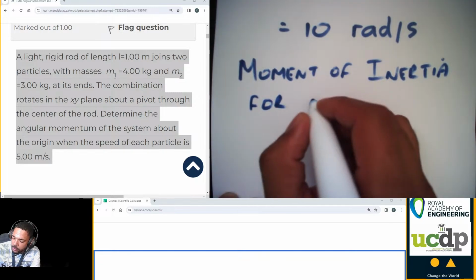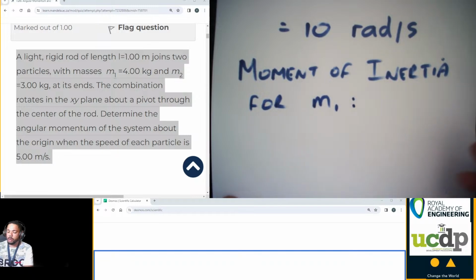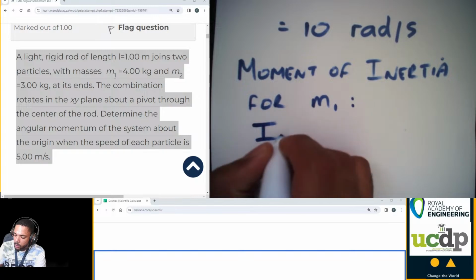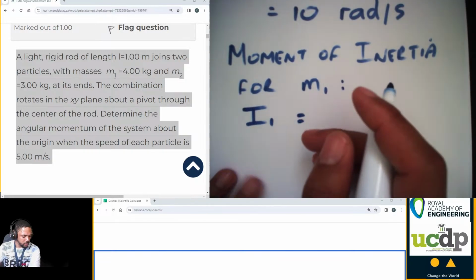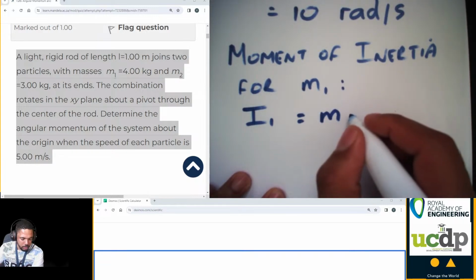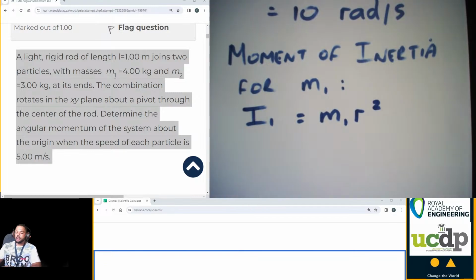I'm going to show you now how to go about calculating a moment of inertia. So the moment of inertia for M1, we'll denote it I1, equals, now the moment of inertia is just the mass multiplied by the radius squared. That is the moment of inertia.